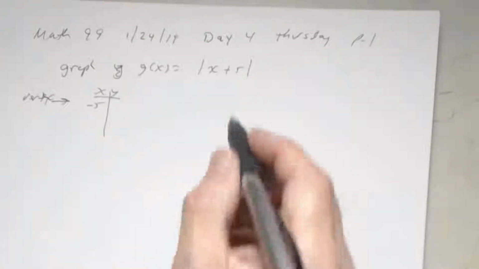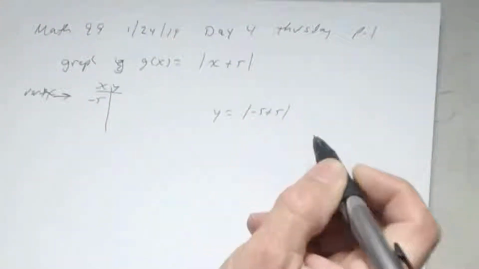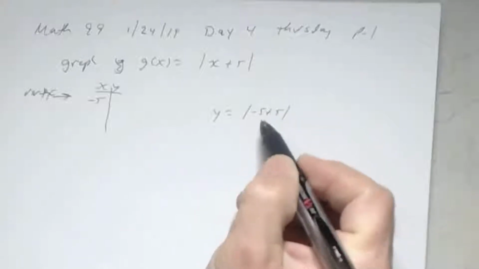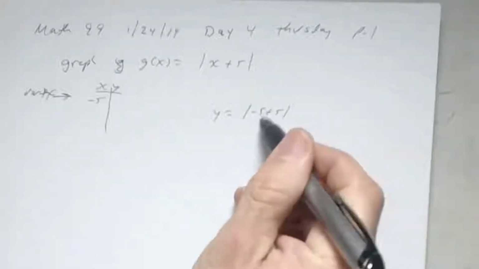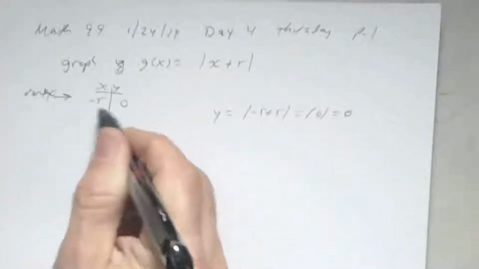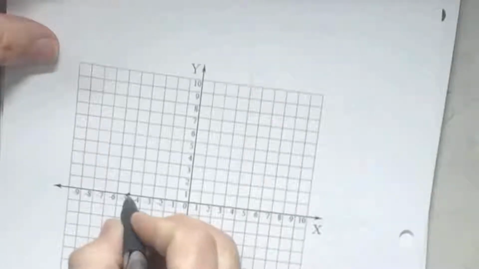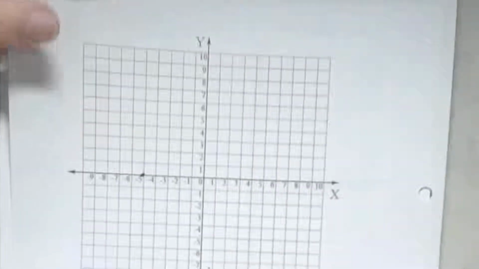-5. So I get y equals the absolute value of -5 plus 5. First of all, what is -5 plus 5? And what's the absolute value of 0? 0. All right. So then I start plotting that point. So (-5, 0), right here.